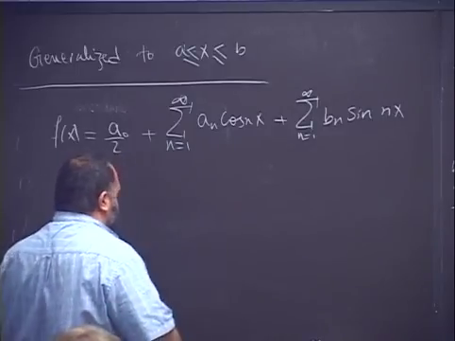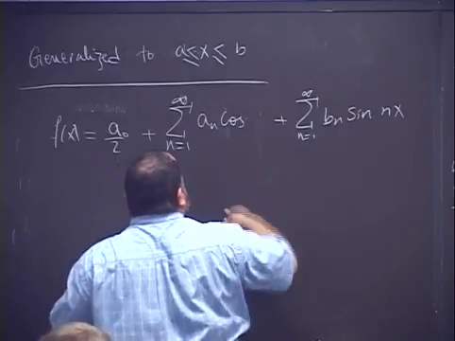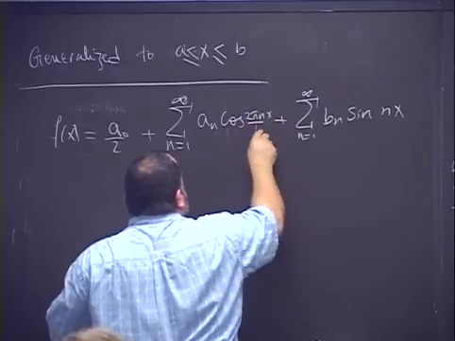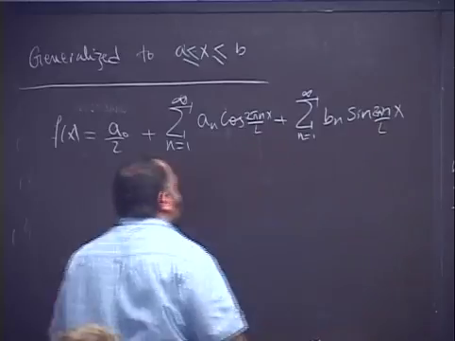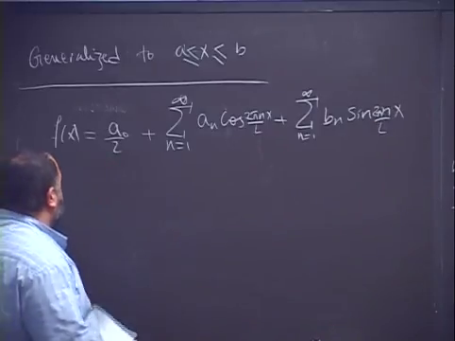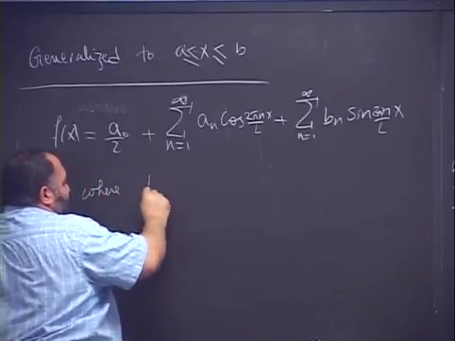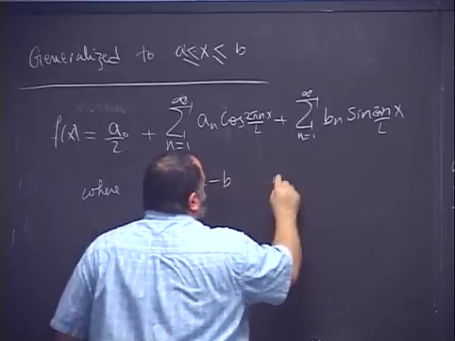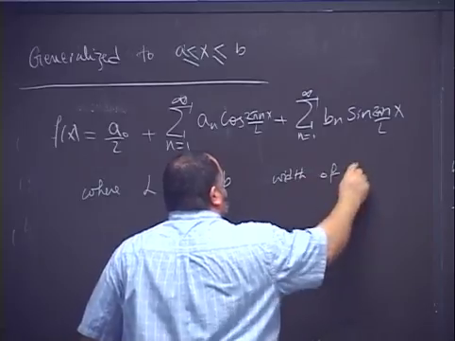But we will remove the nx here, and we will put 2 pi n over L multiplied by x, where now L is just B minus A, which is the width of the interval.